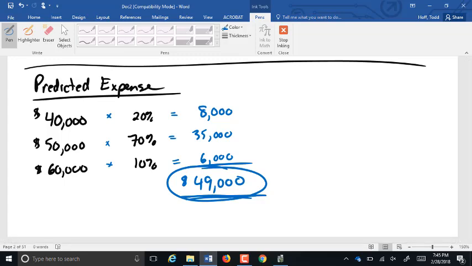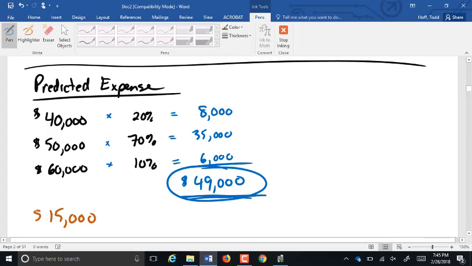Well, how then would you figure in that insurance? Let's say your insurance costs $15,000 a year per employee. We said there's only a 40% chance that a commissioned employee takes the insurance. So 40% of that is $6,000.